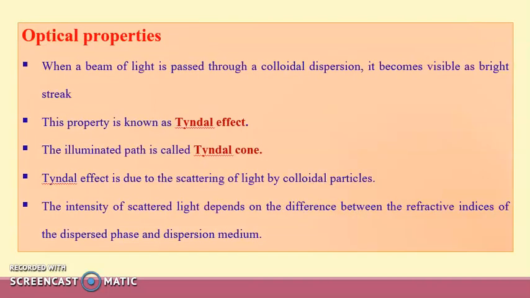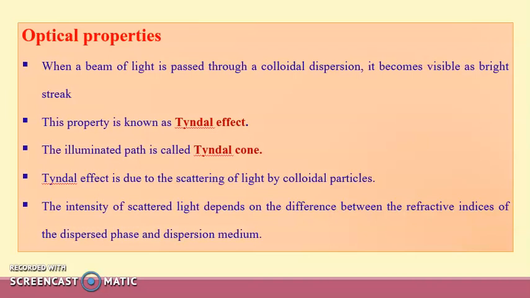Then the next property is optical properties. When a beam of light is passed through a true solution, we cannot see the path of the light through the solution. What is the reason?